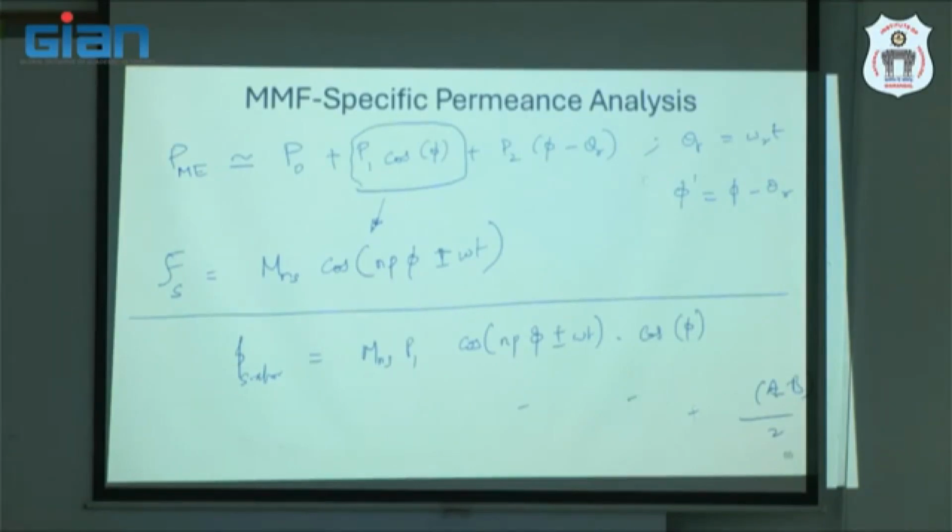I'll give you a moment to solve for that and write the expression. That will be M N S P1 by 2 cos((N P plus 1) phi plus or minus omega t), this will be one term, plus M N S P1 by 2 cos((N P minus 1) phi plus or minus omega t).